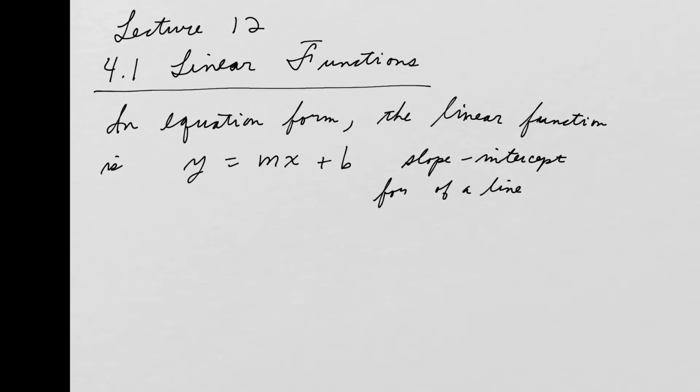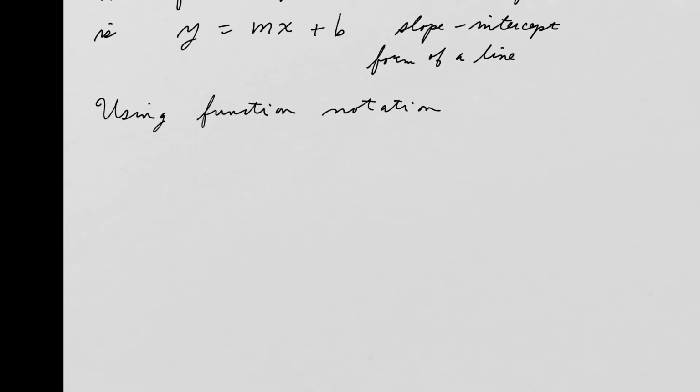Okay, let me fix that. Using function notation, then we can write it like this. It's f of x, so instead of y, we call f of x equals mx plus b.